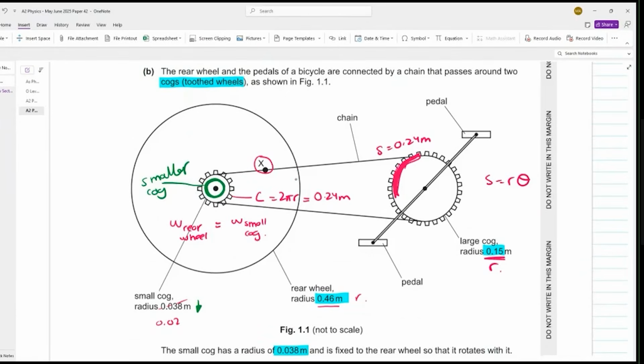If the radius decreases, the distance covered or the circumference of the small cog decreases. Hence, the distance traveled by x decreases.